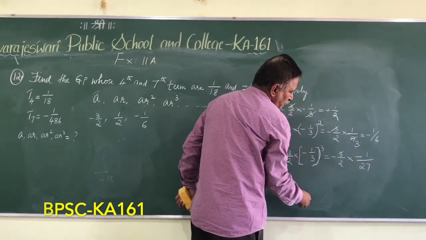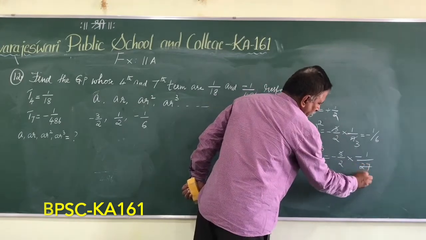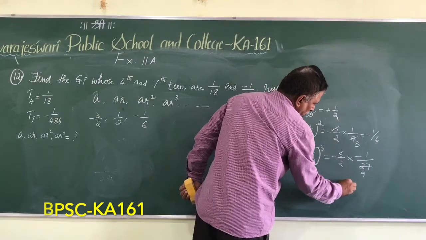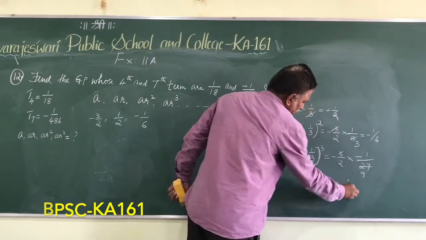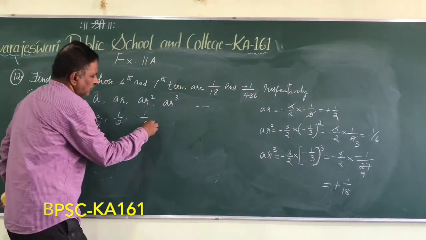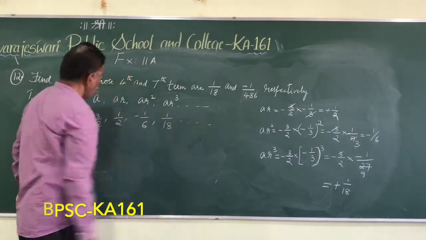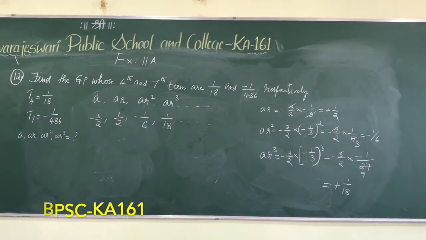So 3 1 time, 3 9 times. This will give you minus into minus plus 1 divided by 2 9 times is 18. So the other term is 1 divided by 18, and so this is the geometrical progression which we are supposed to find out. Please note down.